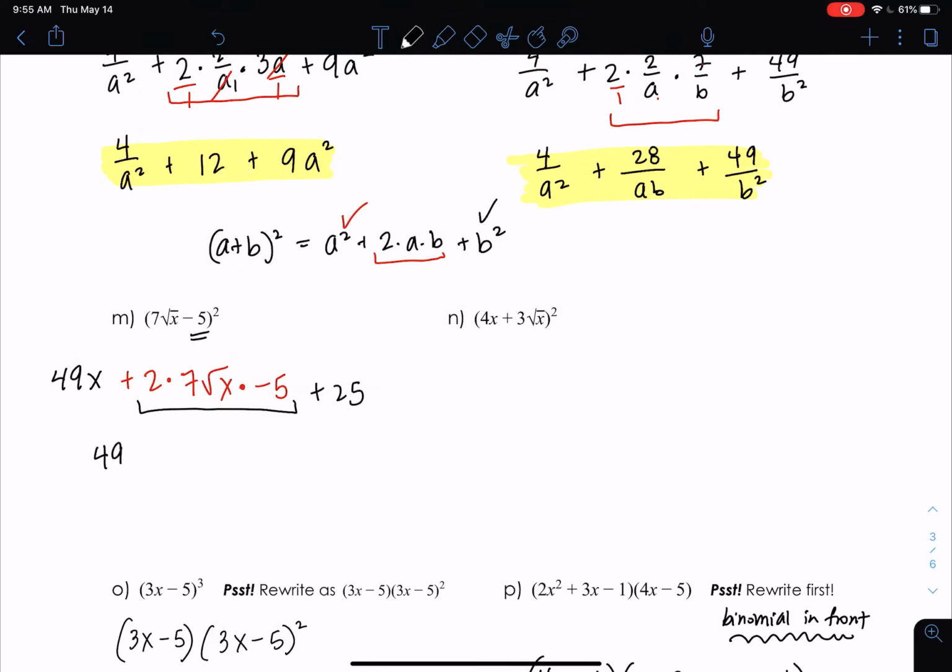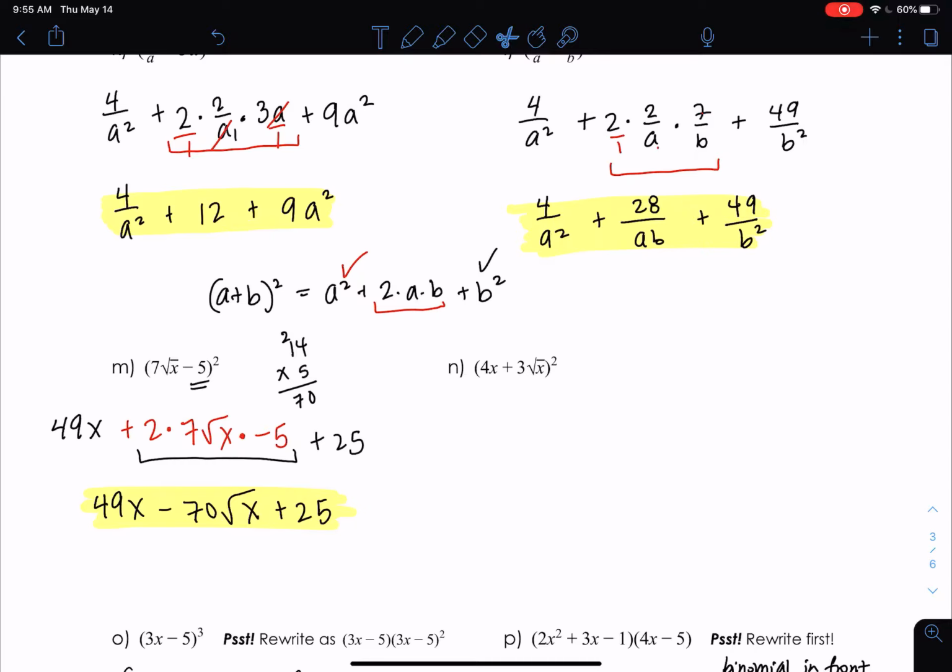So we have 49x, 2 times 7 is 14, and 14 times 5, let's see what that is. 4 times 5 is 20, 1 times 5 is 5, plus 2. So that gives me minus 70 square root x plus 25. And we're done.